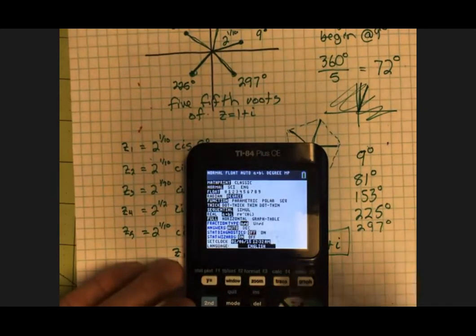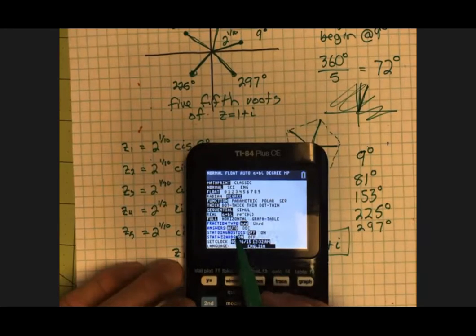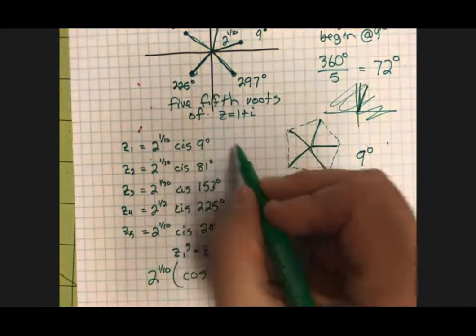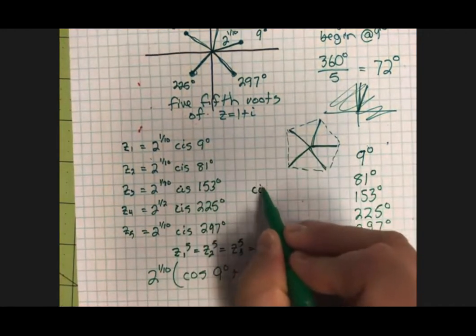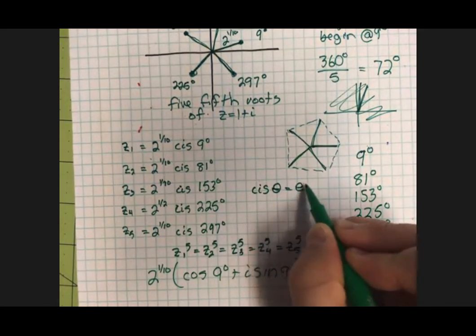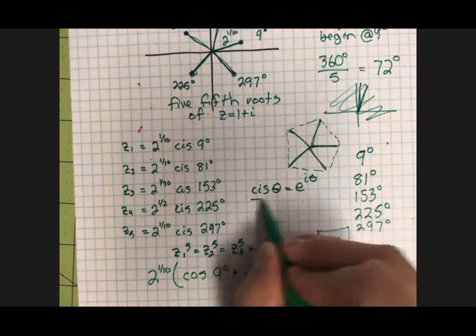Go to mode. In this form called e to the i theta. e to the i theta is another abbreviation for cosine theta plus i sine theta, another abbreviation for cis theta.